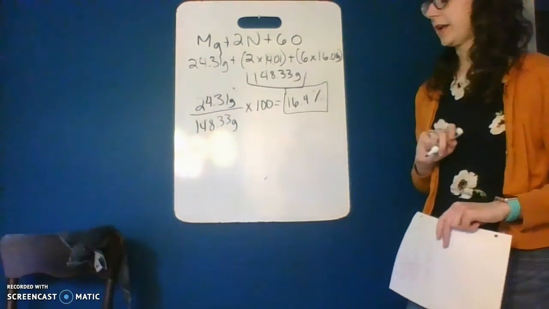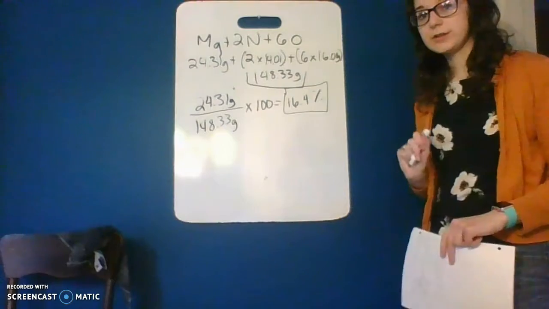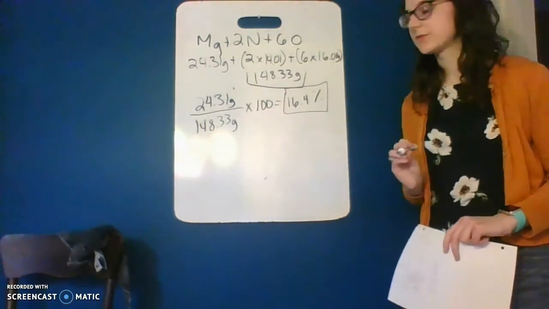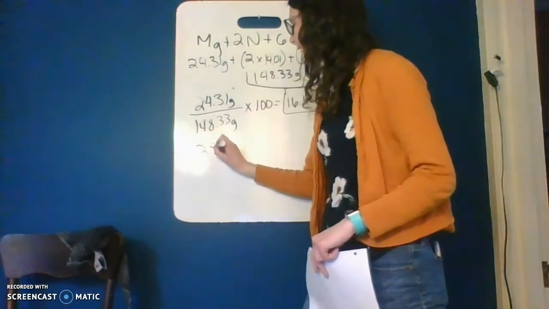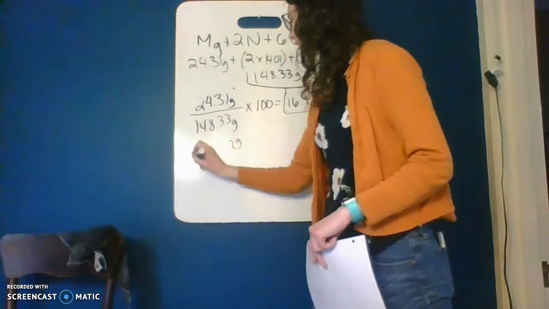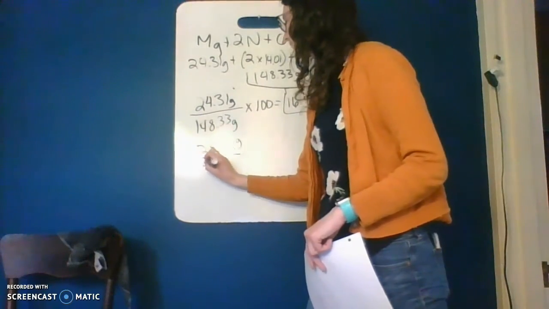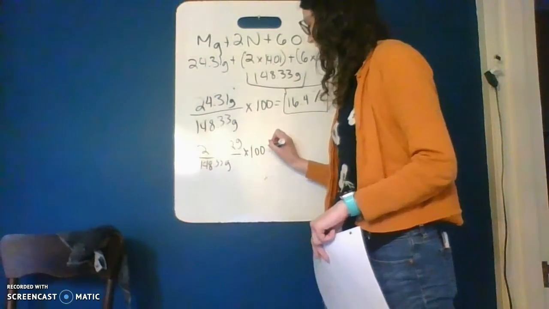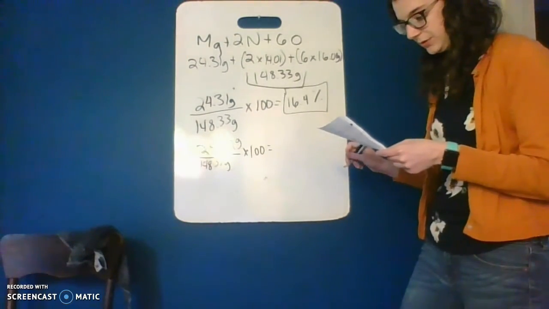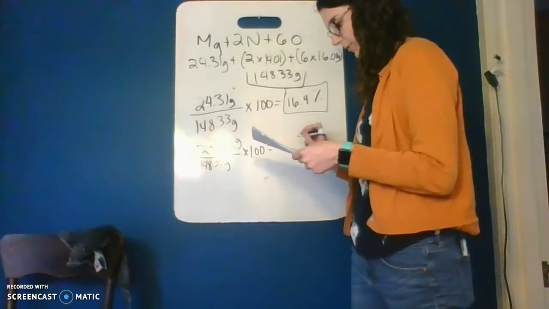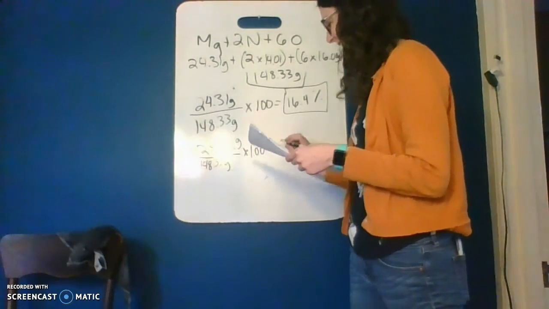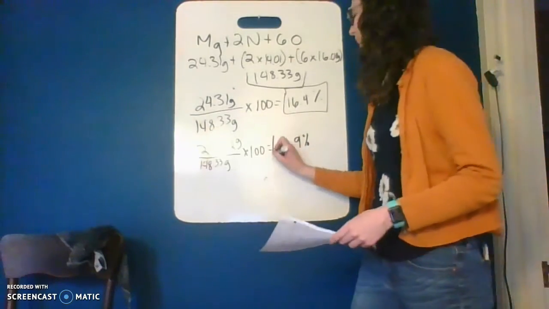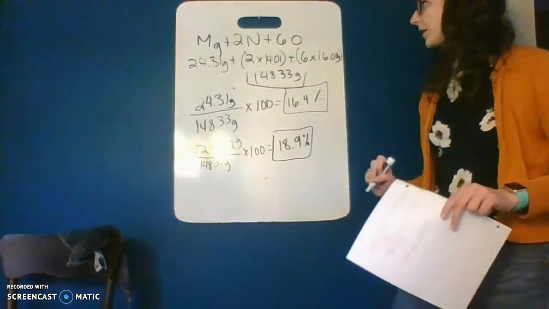Next, I'm going to find the percent of nitrogen. I have to find the percent of all of the nitrogen in the compound, not just 1 atom of nitrogen. So I use this total of 2 times 14.01, which is 28.02 grams, divided by 148.33 grams times 100, and I get 28.9%. Nope, sorry, 18.9%. Sneak peek at the answer to another problem there. 18.9% nitrogen.